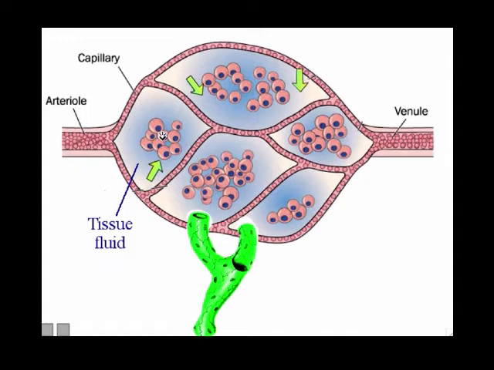And we call that watery liquid that leaks out of the capillaries the tissue fluid. And it just becomes a watery liquid that surrounds and bathes all the cells in the tissues of each organ. And that's actually a good thing. The cells of your tissues are supposed to have some of this tissue fluid that surrounds them. That's just part of the normal substances that tissues are made out of.